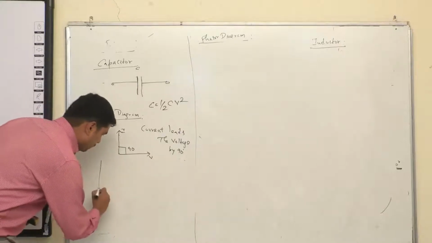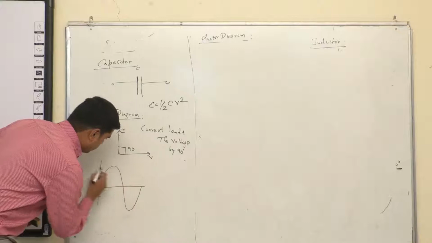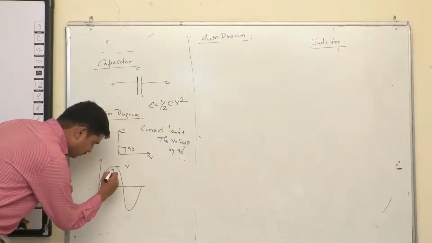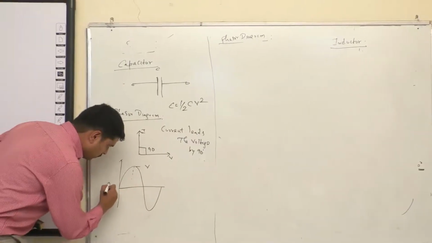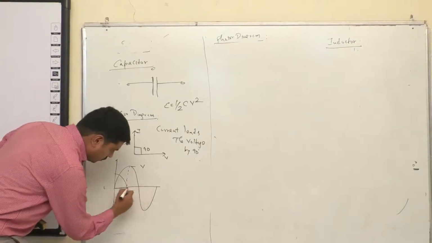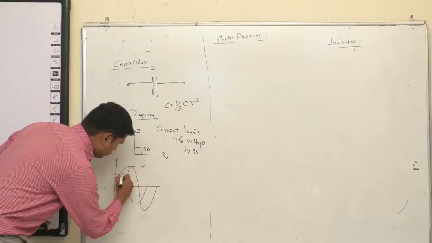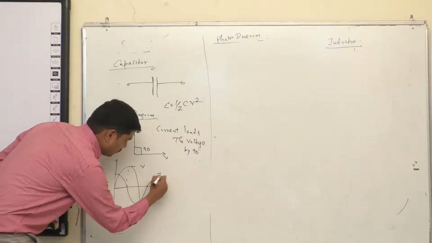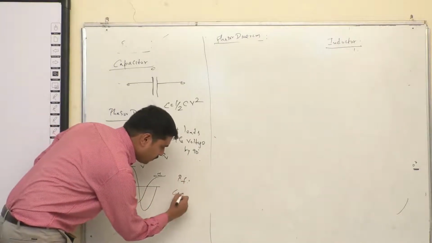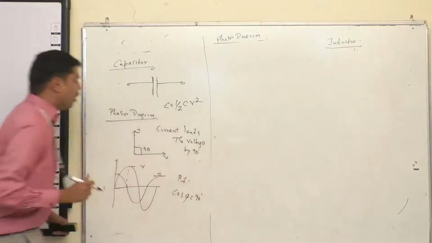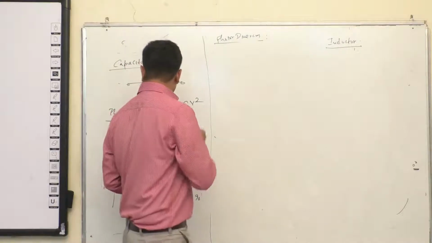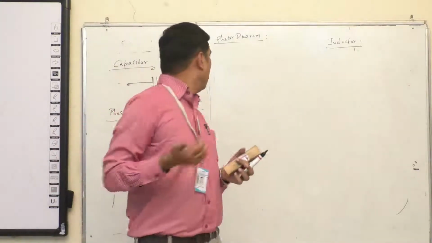So here the phasor diagram is like this, and it is actually the negative part. Here the power factor angle phi is 90 degrees, but it is in the opposite direction to that of the inductor. So this is all about a resistor, capacitor, and inductor.